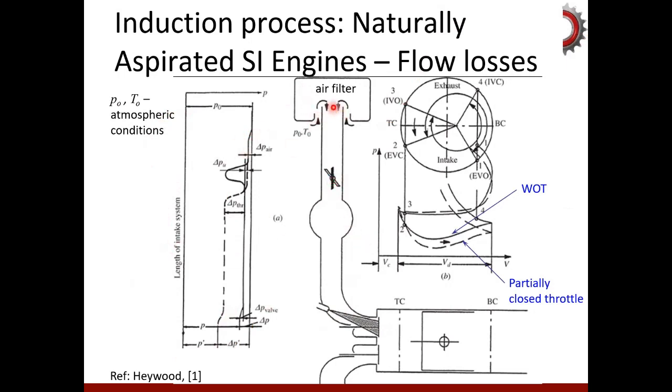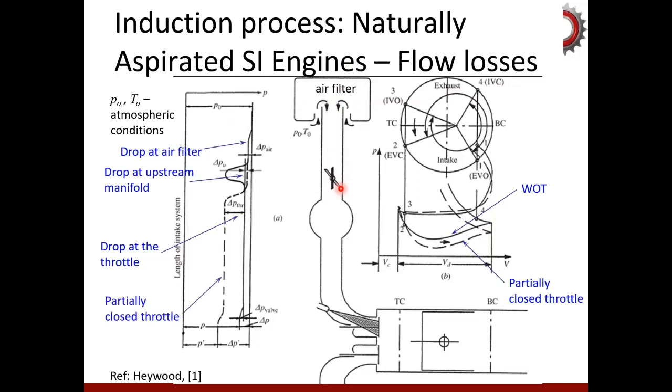This is the length of the intake system starting from the air filter. Initially there is a drop of pressure at the air filter, and there will be a drop due to upstream manifold friction losses. Then there will be further losses at the throttle, depending upon the throttle position. The losses will be minimum if it is wide open throttle, and maximum at idle conditions.